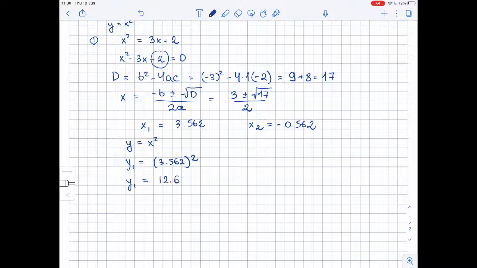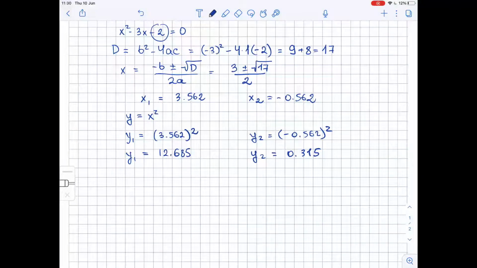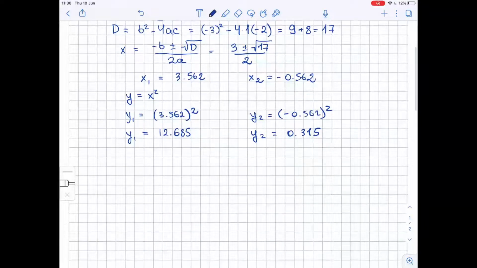That means that y1 is equal to 12.685. Similarly, we find y2. It's equal to negative 0.562 squared, and we get that y2 is equal to 0.315. So we have two solutions of our system of equations.